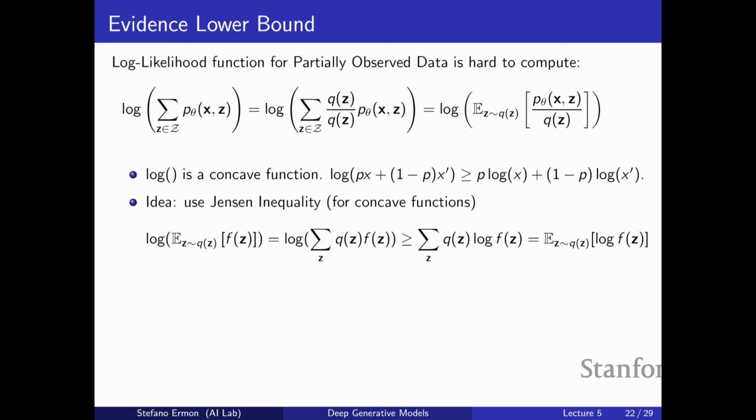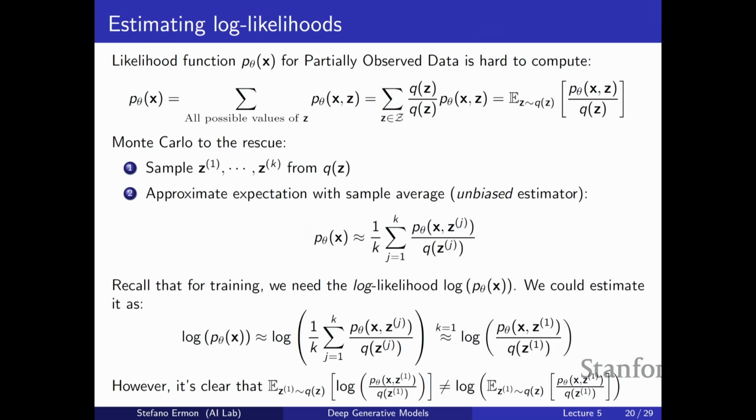If you do the simplest case where, let's say you choose k equals 1, which would be the cheapest way of doing things, where you take a single sample. This is what people would do in practice. Then you see that if you take the expectation of that, you end up with the expectation of the log instead of the log of the expectation.